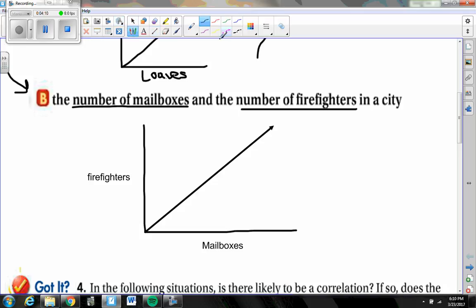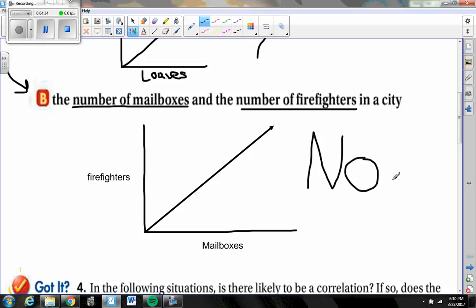However, the question we have to ask ourselves is, do more mailboxes cause more people to become firefighters? Does putting more mailboxes up in my city cause more firefighters to appear? And the answer, of course, is no. It seems like kind of a silly question, right?